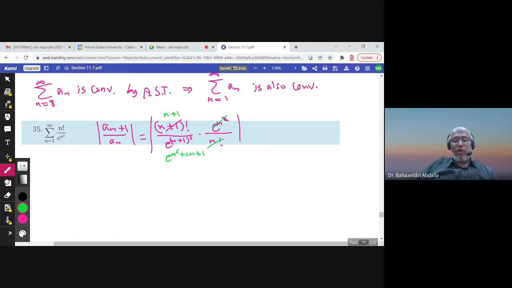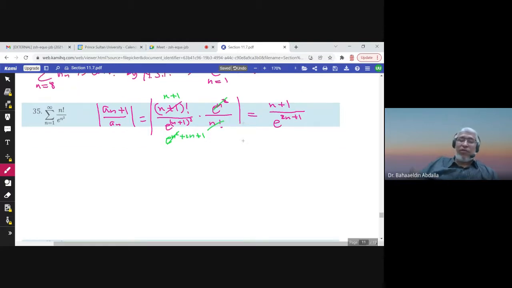So e to the n squared will be cancelled with e to the n squared, and I will have n plus 1 over e to the power 2n plus 1. All right. Now I need to find the limit of this.